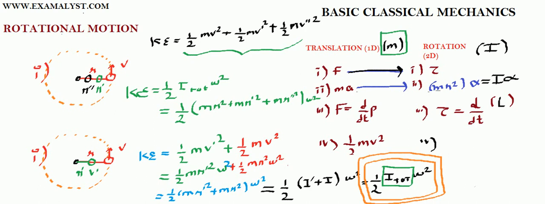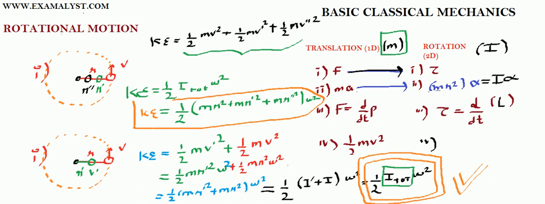The reason we invented this formula, using so much difficult equation and derivation, is because we can write the total kinetic energy very easily by just adding the moment of inertia. We don't have to do this and then hundreds of conversions to r omega. This is r dash omega, this is r double dash omega, and then take all the omega square common, and then you have the same thing.